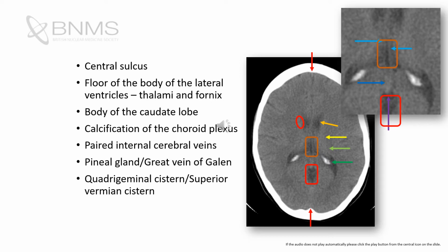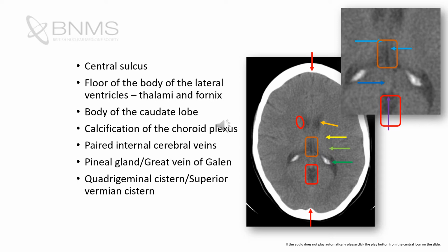On the enlarged central structure, we can see with the pale blue arrows the two paired internal cerebral veins. This is the drainage pattern of the central part of the brain rather than through the sagittal sinuses.